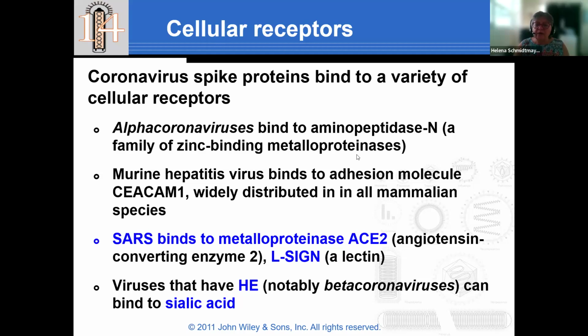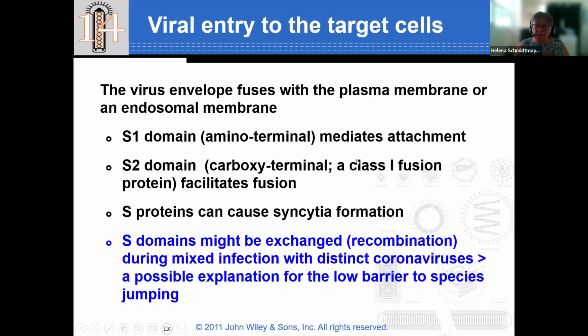So once the virus binds to the receptors, remember there is this S2 domain, which actually triggers fusion. The S protein, upon binding to a receptor, undergoes a conformational change, and the S2 protein, which is a classical class 1 fusion protein, facilitates fusion of the viral membrane with the cell membrane.